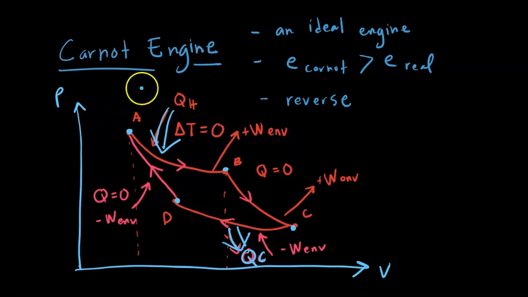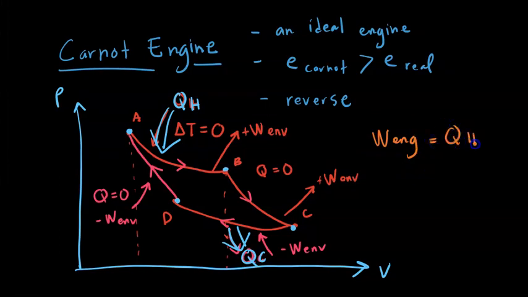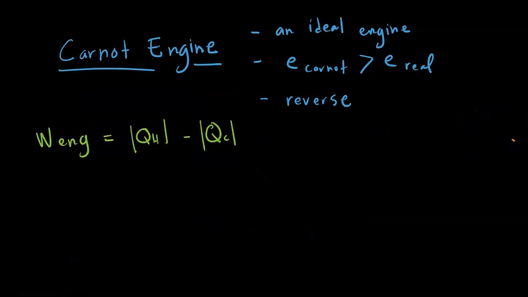So here, for the Carnot engine, the work done by the Carnot engine can be written like this. Work done by the Carnot engine is equal to QH minus QC, modulus. This is the net work done by the Carnot engine. So this is the first equation that you need to know for a Carnot engine.